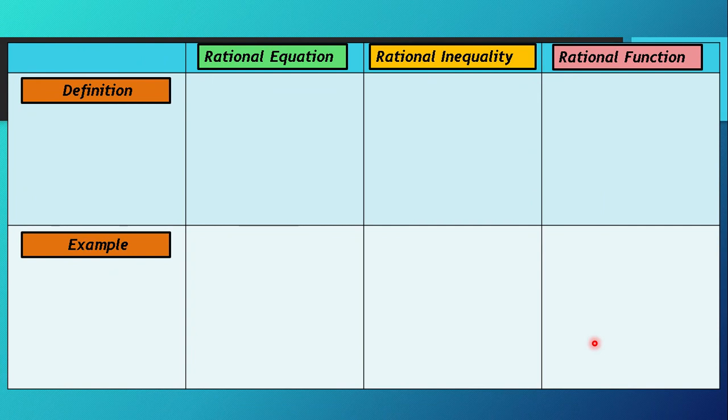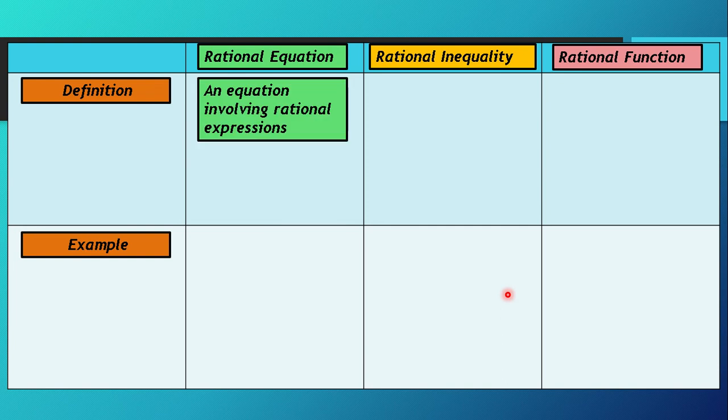Okay, so let us have the definition of rational equation, rational inequality, and rational function, as well as their examples. Okay, so unahin muna natin itong rational equation. So ano nga ba ang sinasabi nating rational equation?